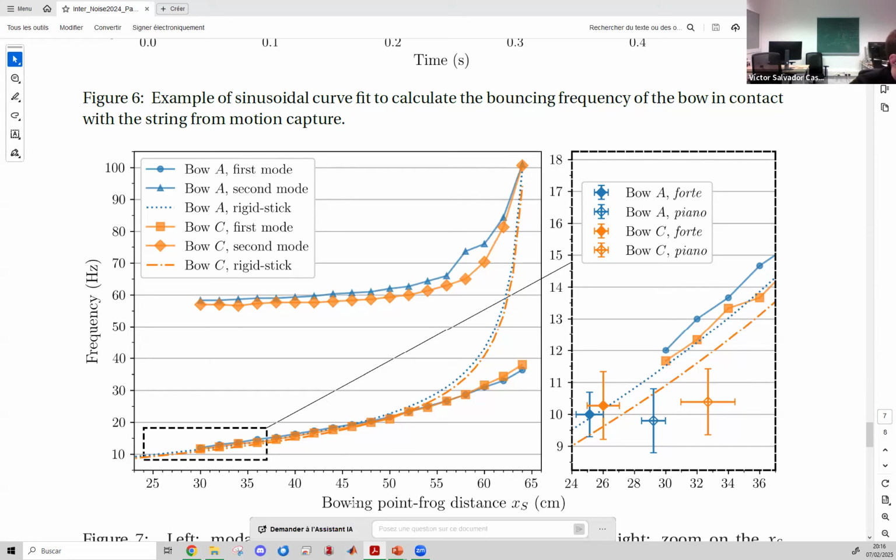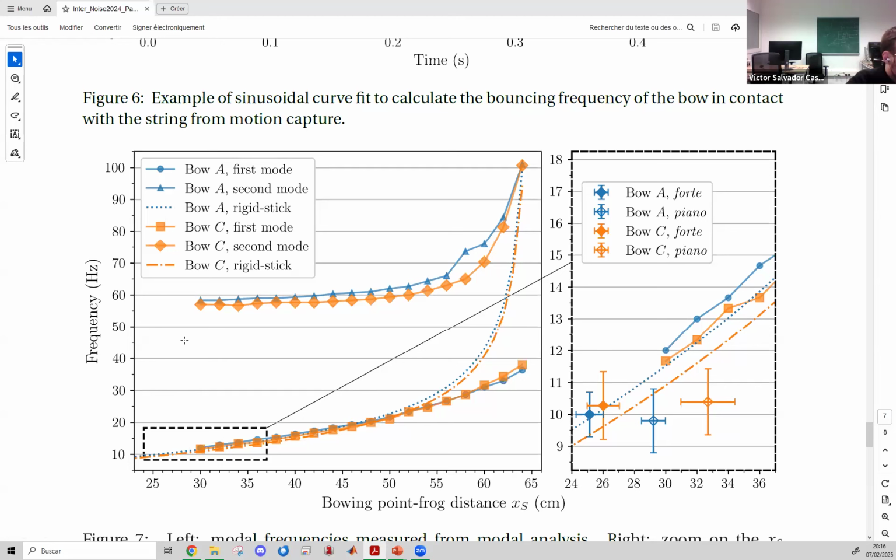The horizontal axis is the bowing point to frog distance, so the contact between the hair and the string, and more towards the right it will be more towards the tip. We started our measurements around 30 centimeters from the frog, and at the top is the frequency of the modes that we detected from these measurements.